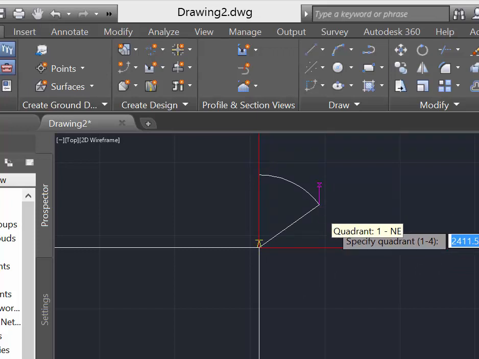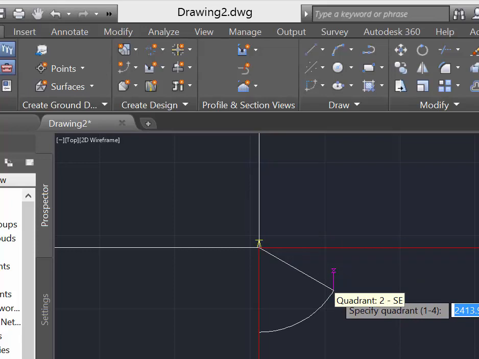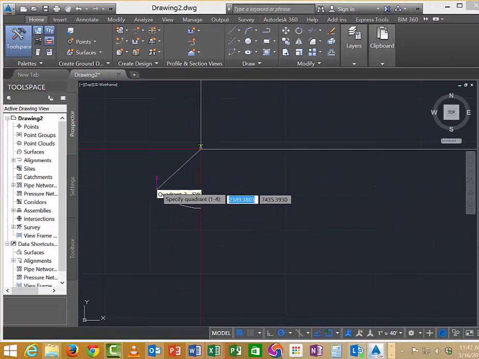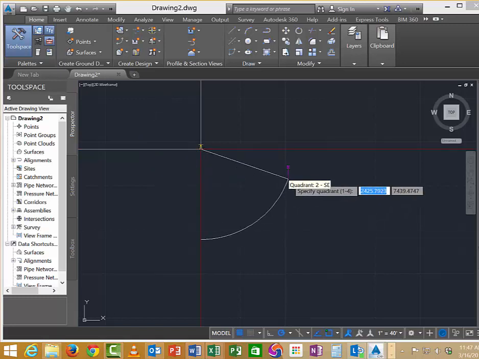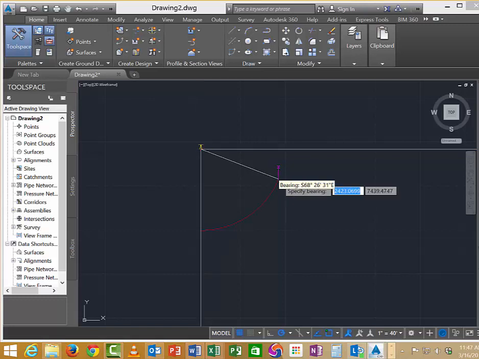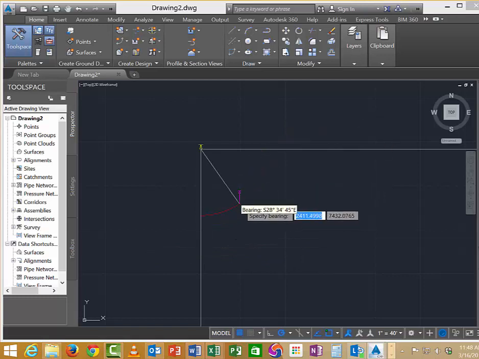It says quadrant 1 northeast, quadrant 2 southeast, 3 southwest, and so forth. Now if I specify quadrant 2, notice it won't let me go beyond 90 degrees. It wants to know a quadrant, and that's why the bearings are never greater than 90 degrees.